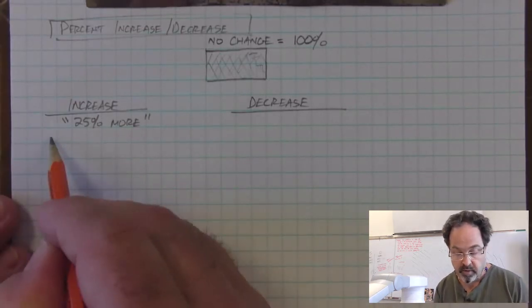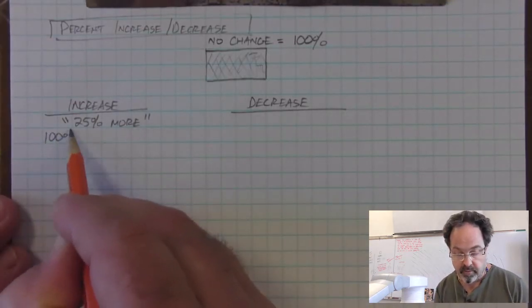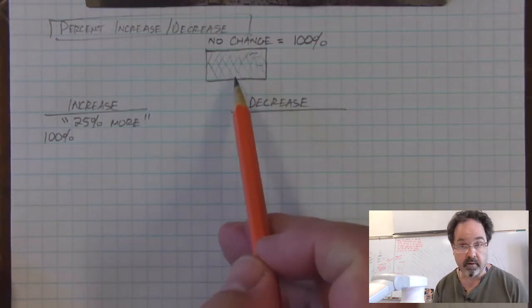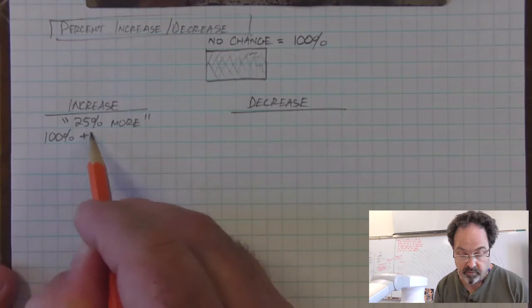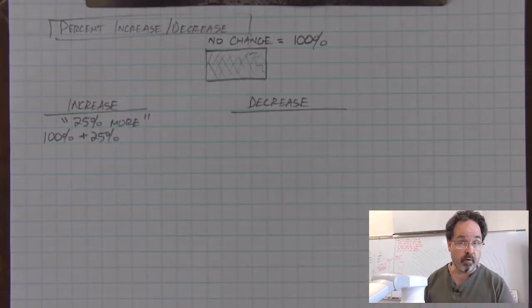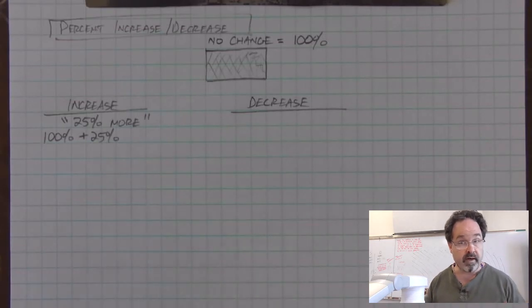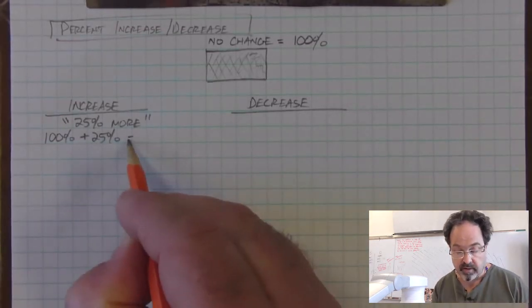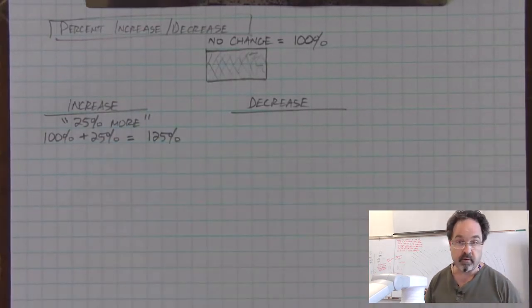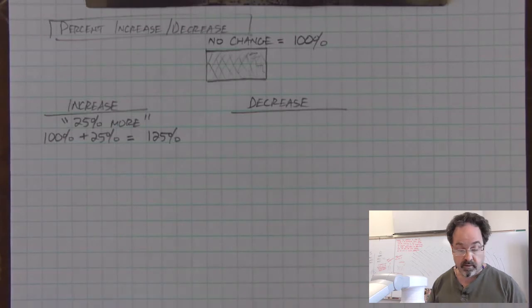If we begin with 100% of something, like this rectangle's area, then to increase by 25% would be to add 25% more to the original 100%. So how much do you get after the increase? As a percentage, you would have 125% of what you started with.